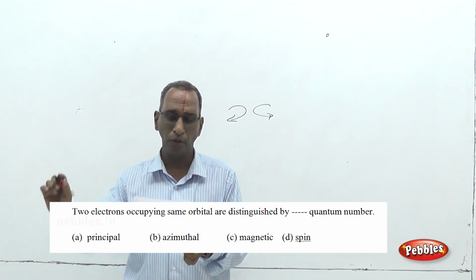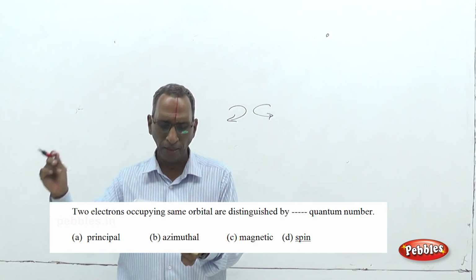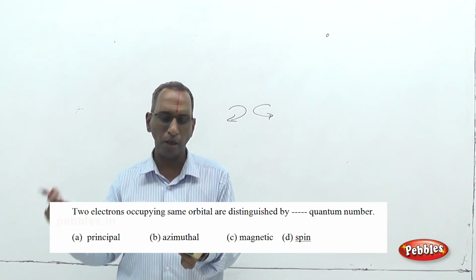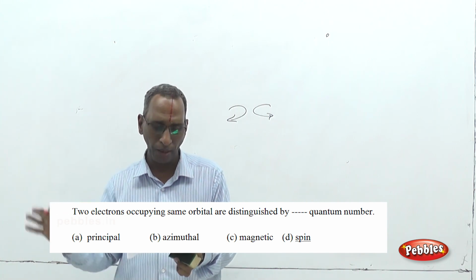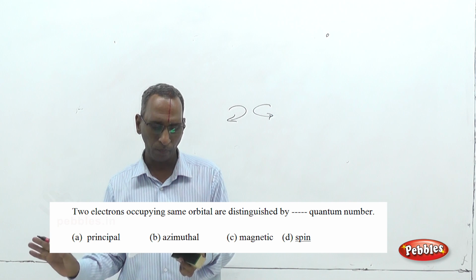Two electrons occupying the same orbital are distinguished by spin quantum number, not the other types. That finishes this question.